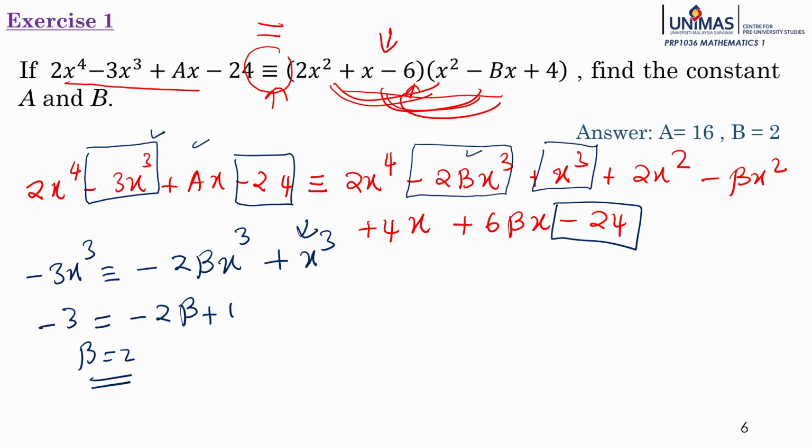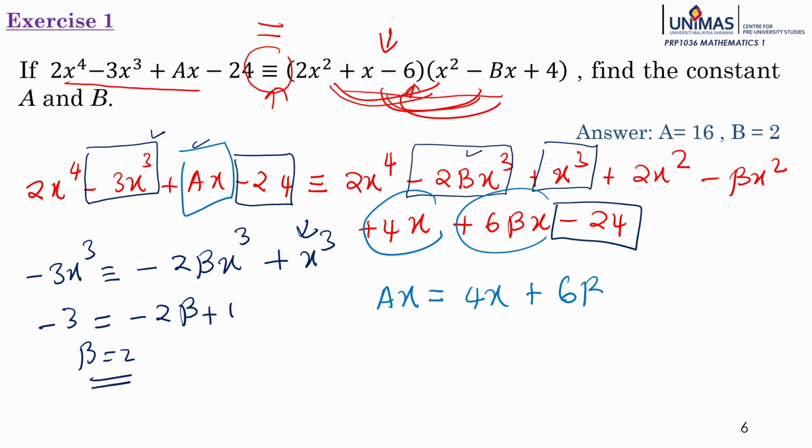Okay, and then to find the value of a, I'm using this one. ax, so you have to find x here, so that means for x plus this one, 6bx.